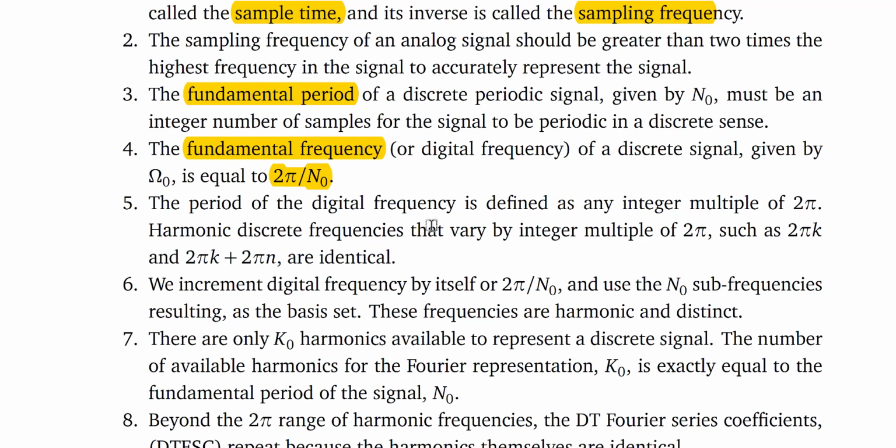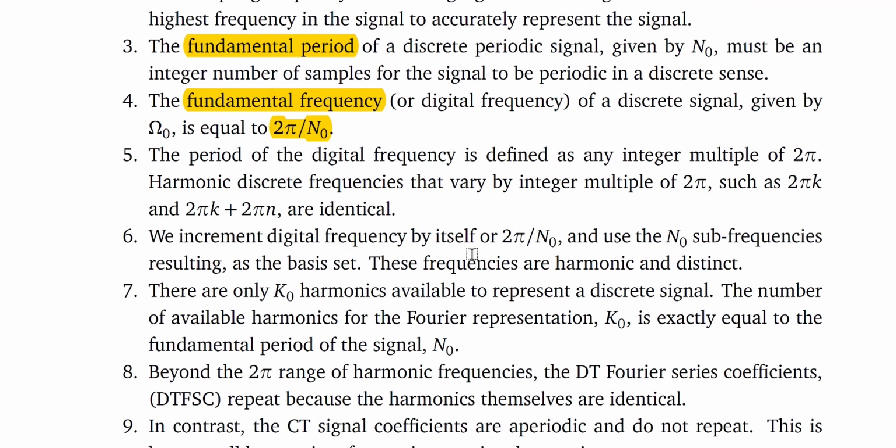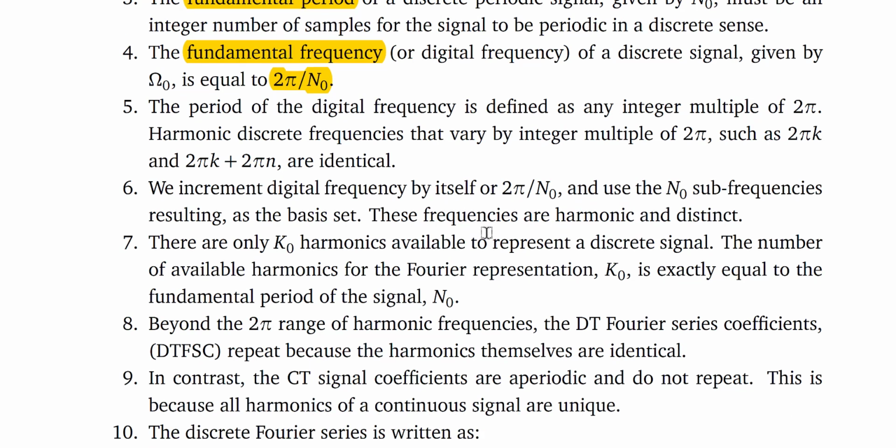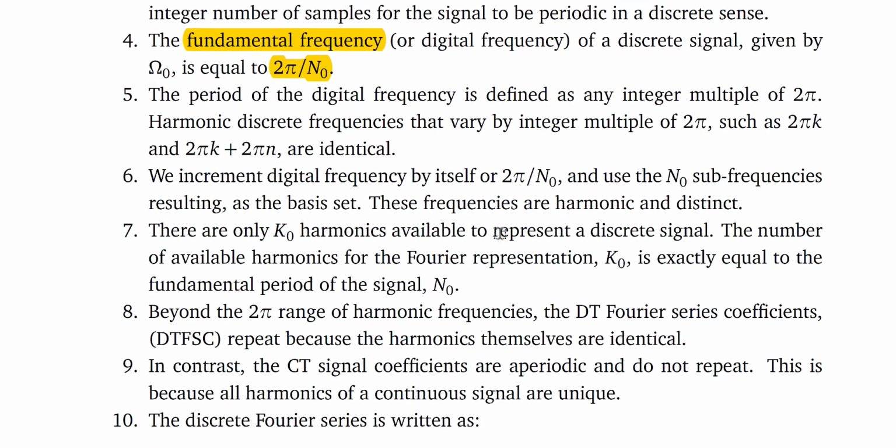Harmonic discrete frequencies that vary by an integer multiple of 2 pi, such as 2 pi k, are identical. We increment the digital frequency by itself, 2 pi over N0, and use the N0 sub-frequencies as the basis set for discrete Fourier analysis. These are harmonic and they're distinct.